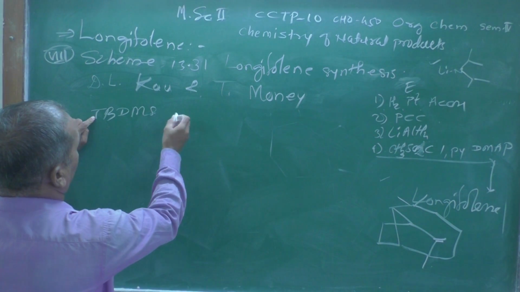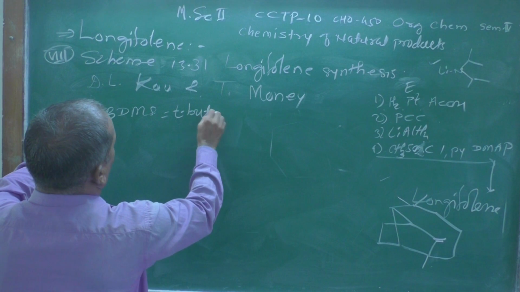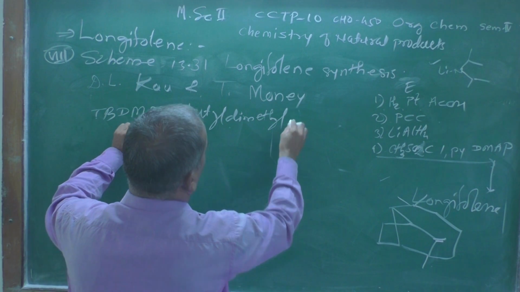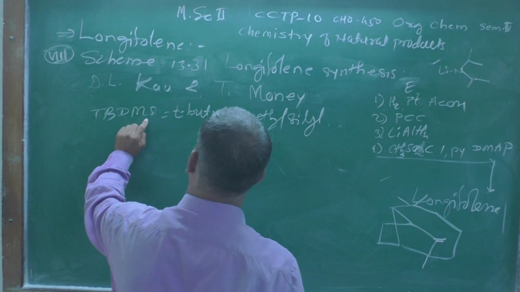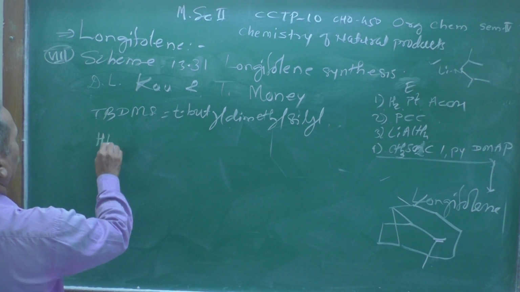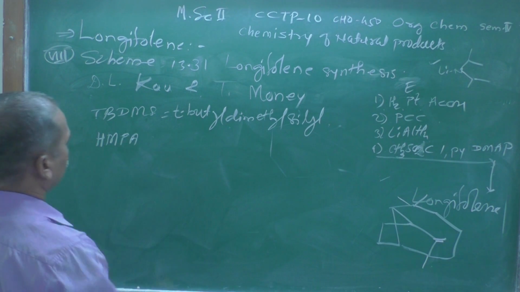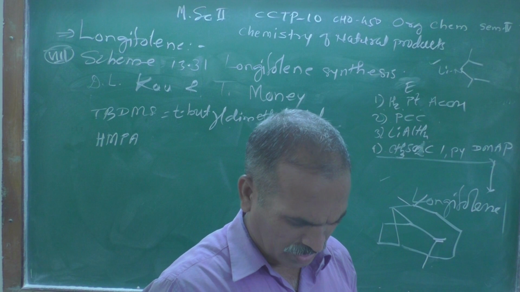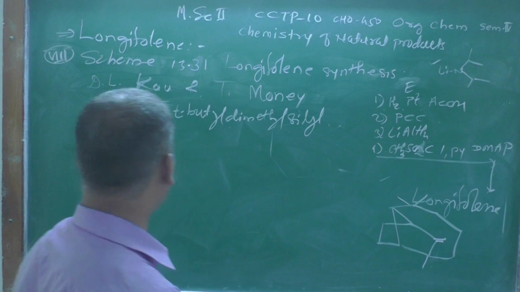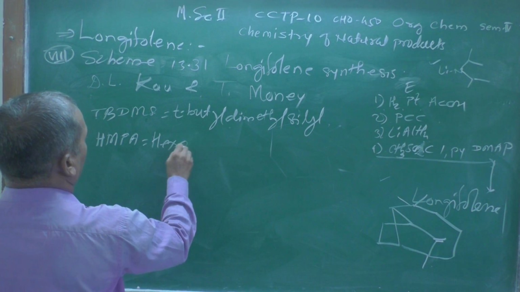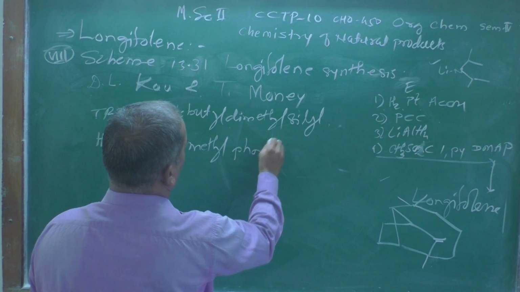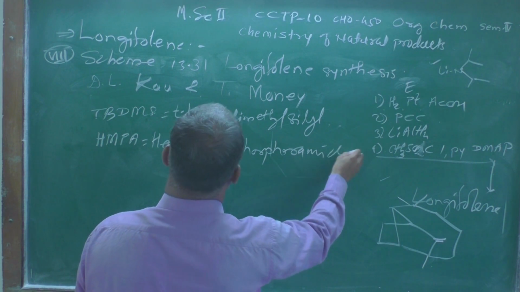This is tertiary butyl dimethyl silyl, Cl. Then hexamethyl phosphoramide, HMPA, hexamethyl phosphoramide.